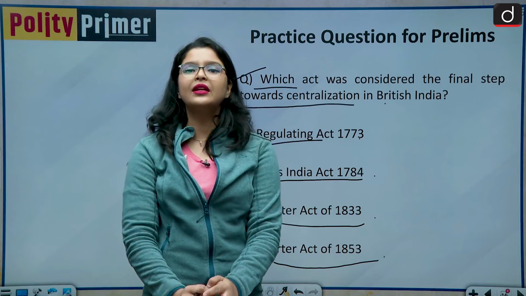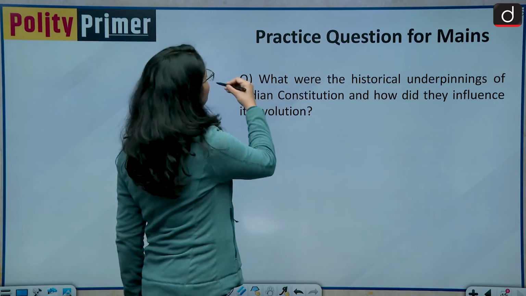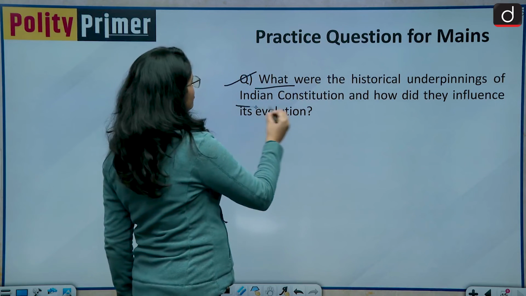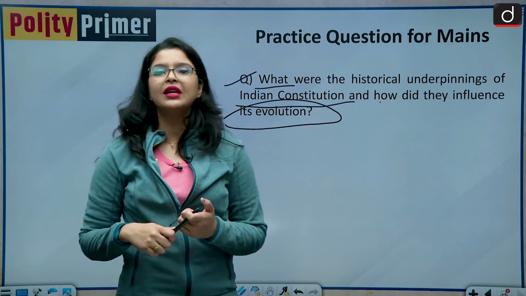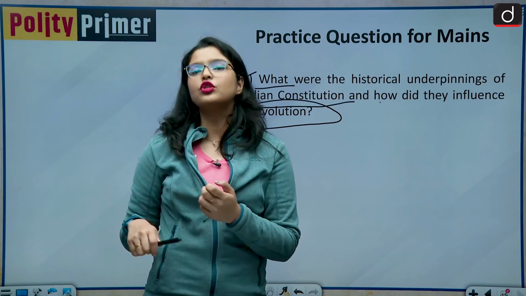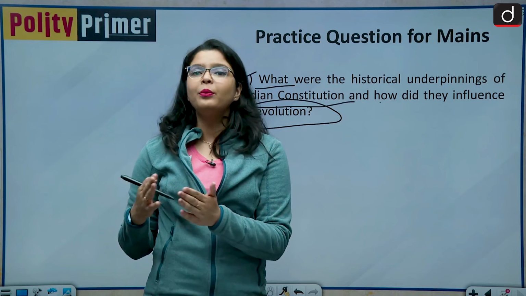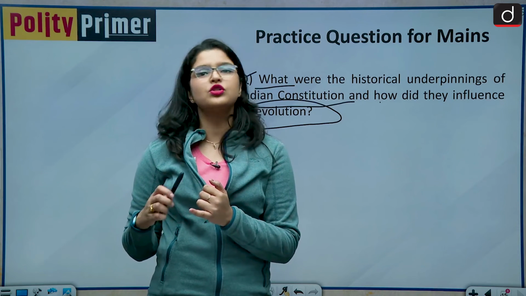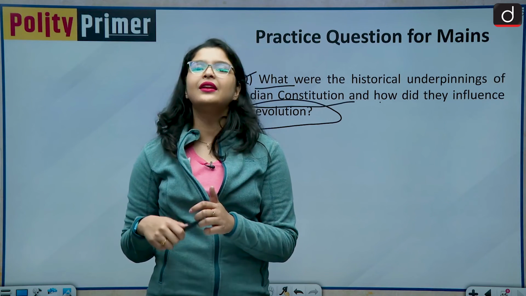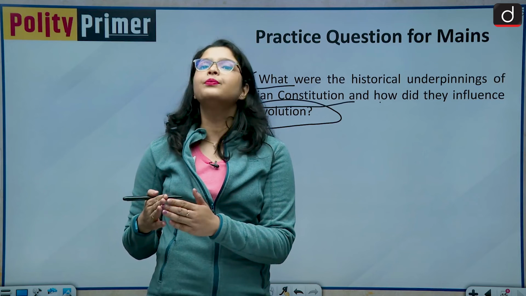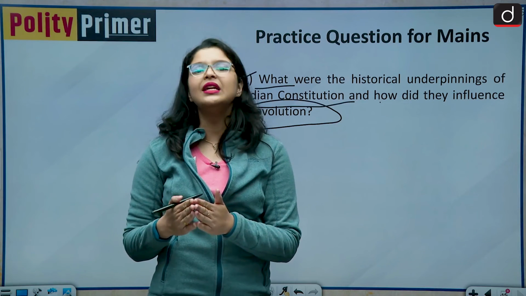Now let us discuss a practice question for your mains examination. So the question is, what were the historical underpinnings of the Indian Constitution and how did they influence its evolution? So firstly, you will write what is the historical background of our Indian Constitution, what were the British acts which formed the foundational stone of our Indian Constitution. You can start from the Regulating Act, then you can mention the Charter Act of 1858, then you can move forward to after the Crown took over the British administration in India from the East India Company.